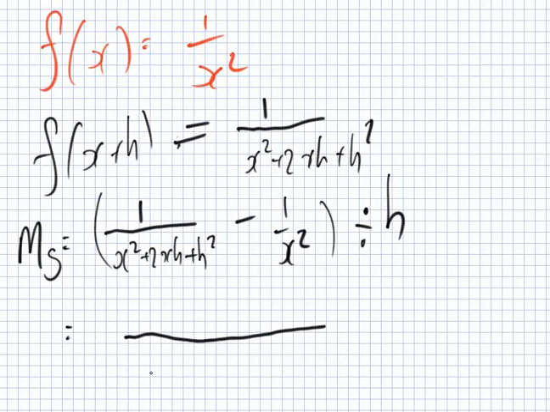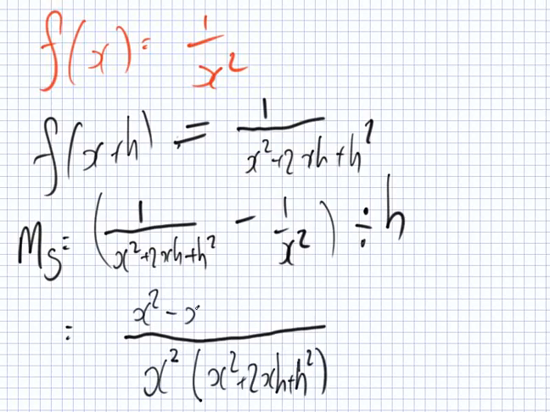So here you have x squared times x squared plus 2xh plus h squared, and then you have x squared minus x squared minus 2xh minus h squared, and then divide h over 1 is multiply 1 over h. The x squareds cancel. h divide h is gone. h squared divide h is h.